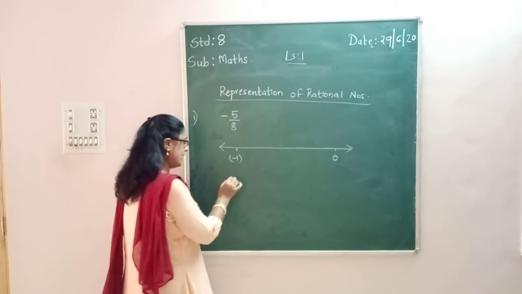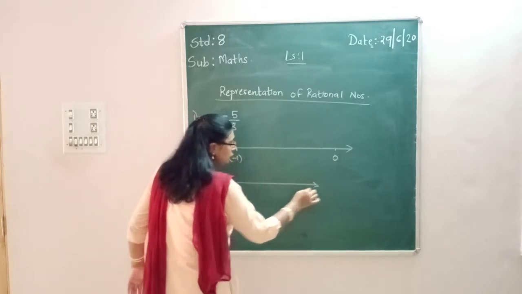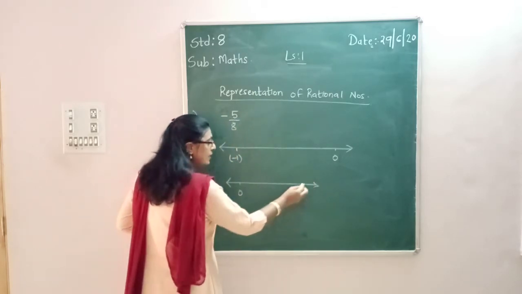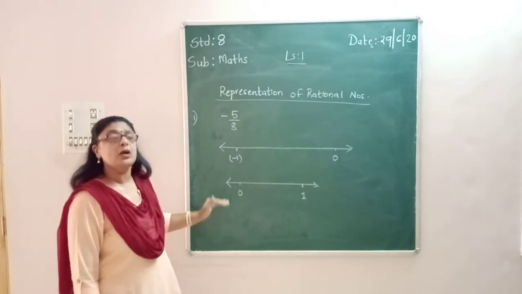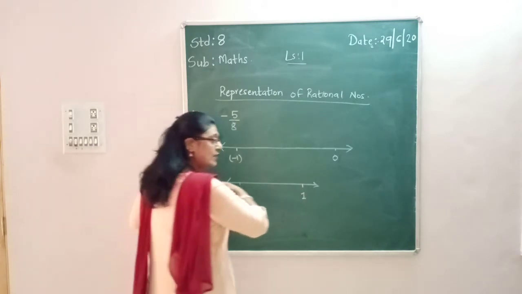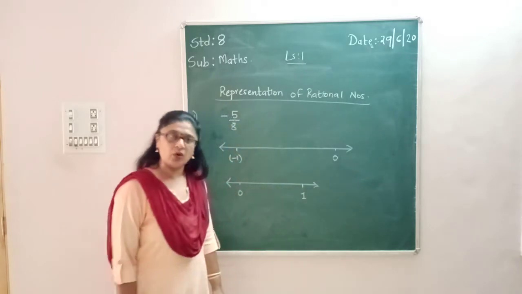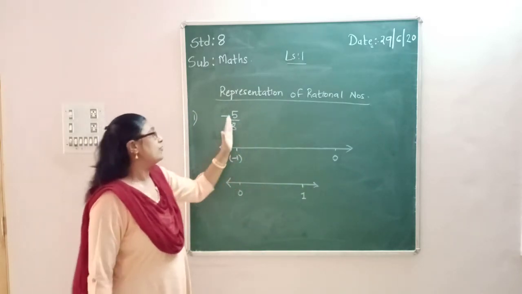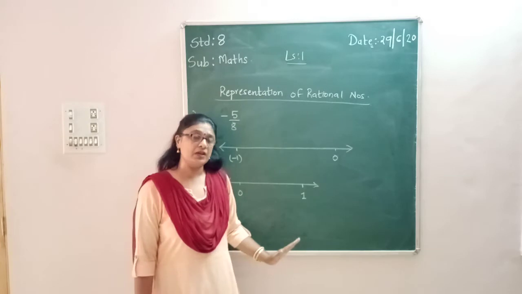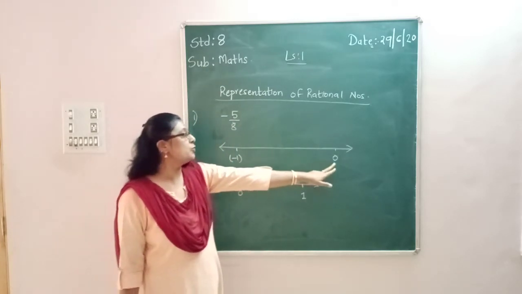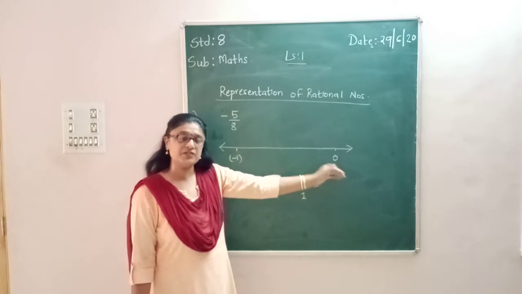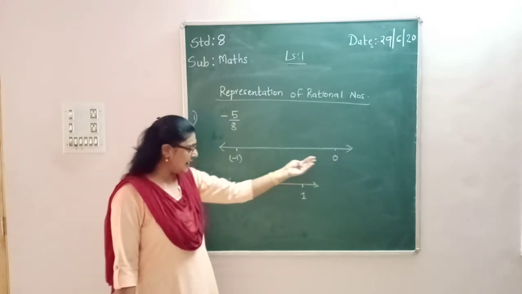When you are plotting a positive number, you write 0 over here and 1 over here. Why? Because positive numbers are always on the right hand side of 0. Is that clear? But we have to plot negative numbers, so they are always on the left hand side of 0. So you have to put 0 on the extreme right, and then do the plotting.